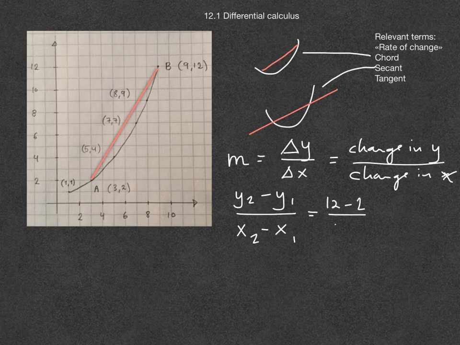The difference in x value is 9 minus 3. And now we're just looking at the y value in the coordinate. So 12 minus 2, 9 minus 3. And that gives us the gradient. So this is going to be 10 divided by 6, which is approximately 1.67.